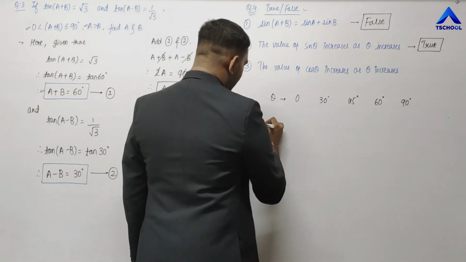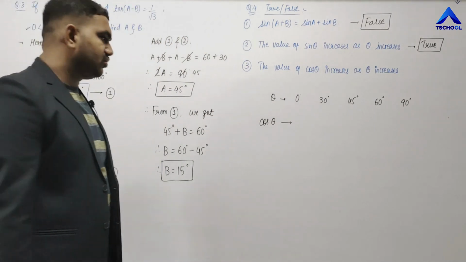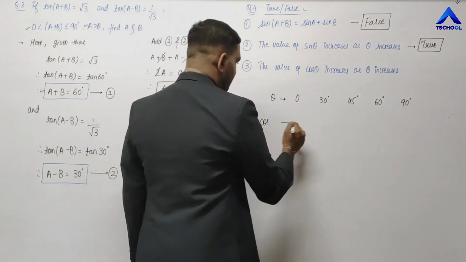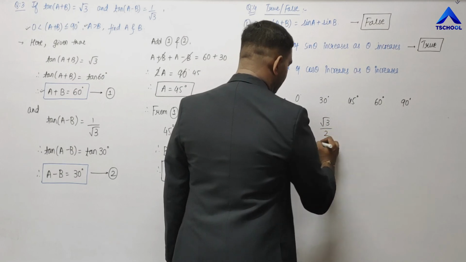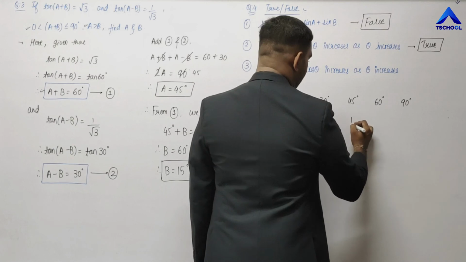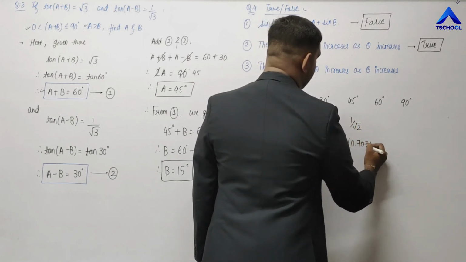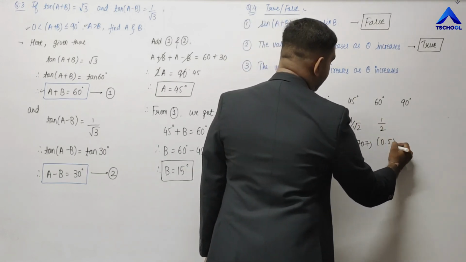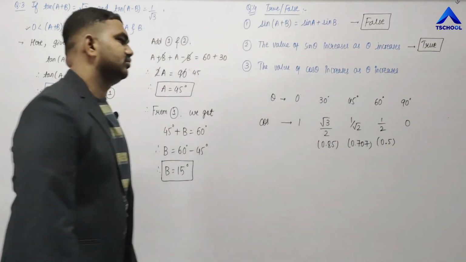And now we shall look for only the row of cos. So cos 0 is 1, cos 30 is root 3 by 2 or 0.85 approx. Then cos 45 is 1 by root 2, that is 0.707. Cos 60 is 1 by 2, that is 0.5, and cos 90 is 0.